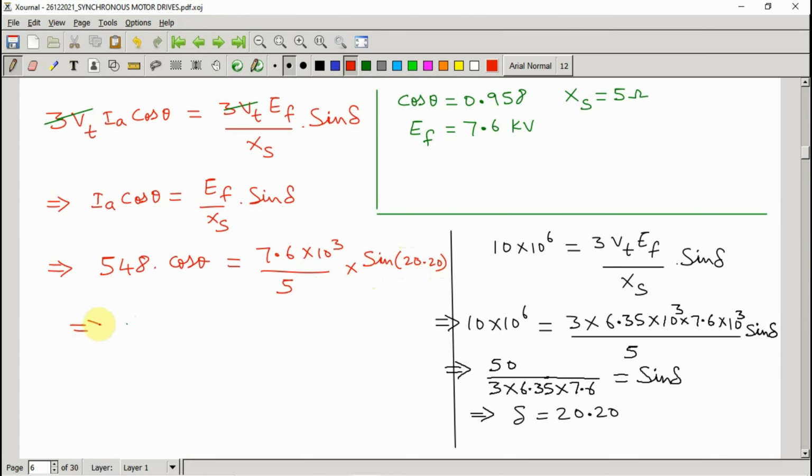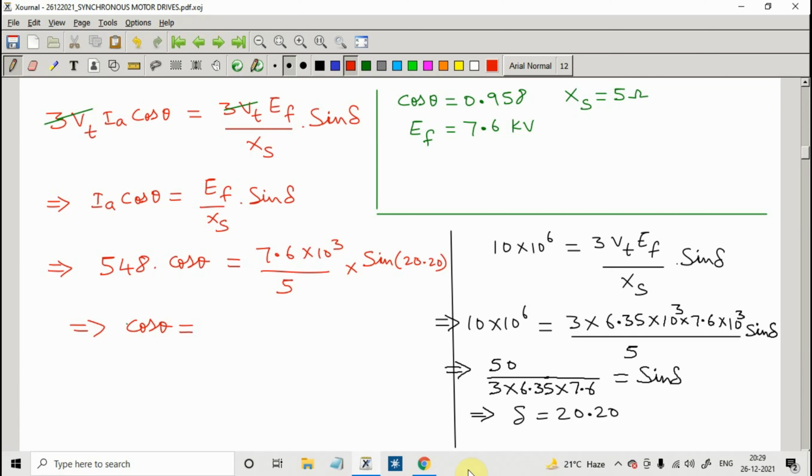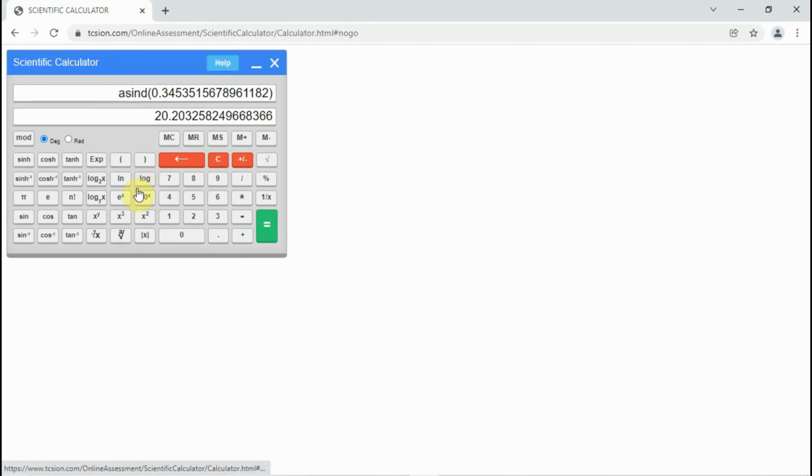So from here we can calculate the value of cos theta. Obviously the value has to be less than or equal to 1 at most. So 7.6 into 10 to the power 3, that means 7600, multiplied by sine of this angle, which is 0.345.